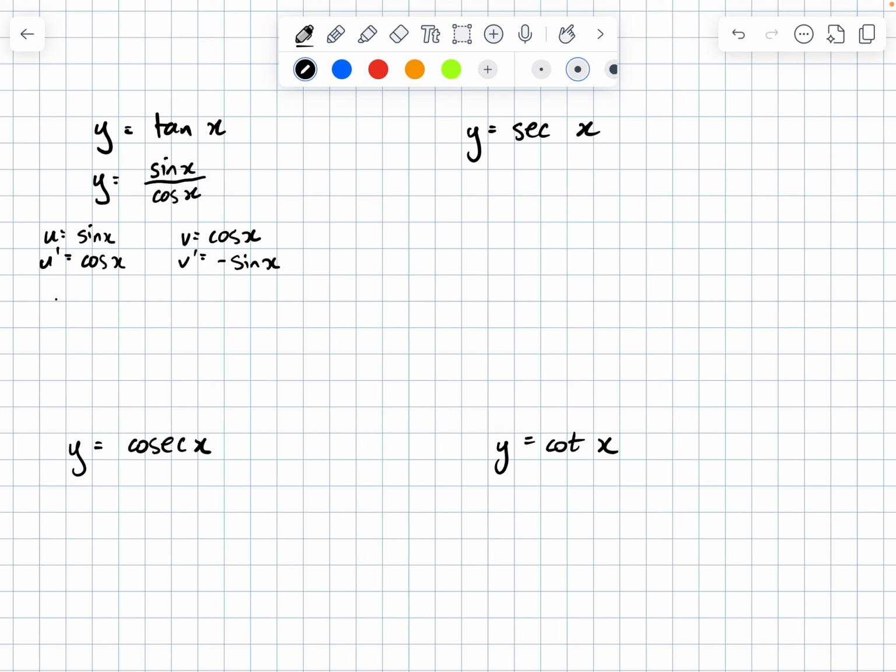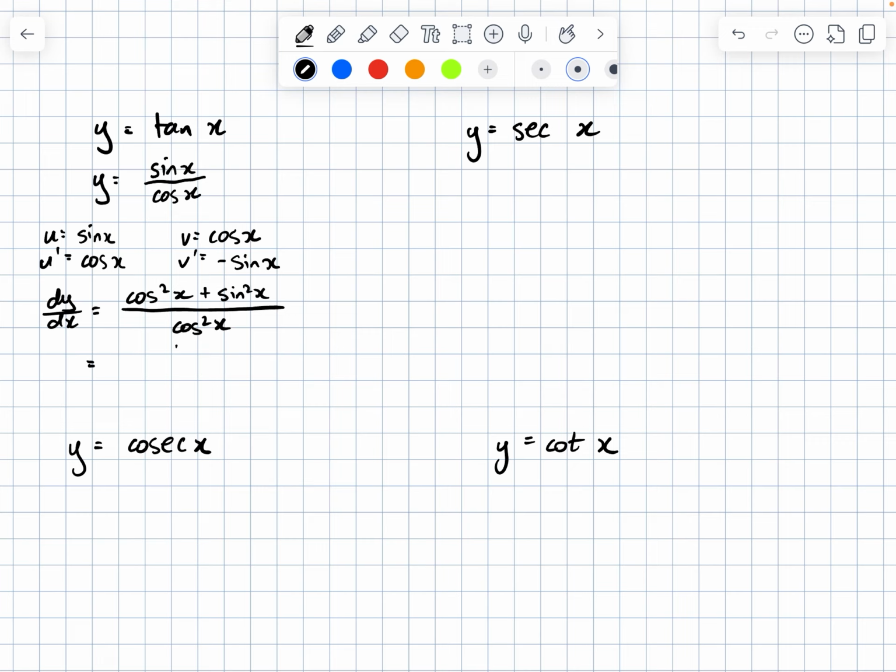That means when we apply the quotient rule, dy dx will be u dash times v, so that's cos x times cos x, which is cos squared x, minus u times v dash, so that's sin x times negative sin x. The negative will make this become a plus, and we get sin squared x all over v squared, or cos squared x.